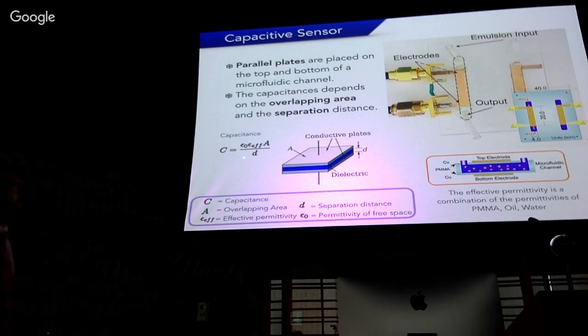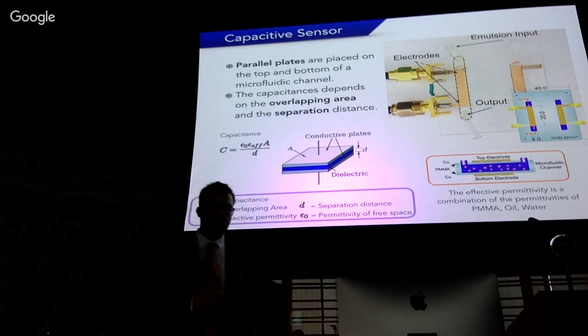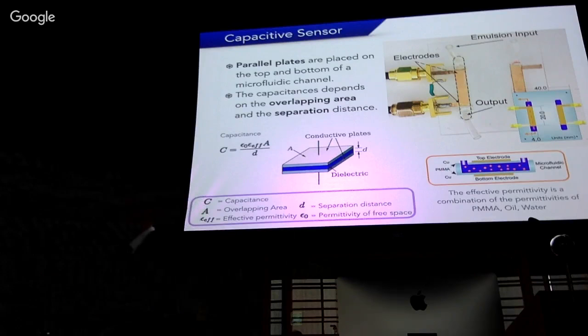And these conditions actually made us design a very wide and shallow channel in order to detect measurable capacitance. So it looks like that. Now we send the emulsions through the inlet. The dielectric properties of the emulsions are read in this capacitor, and then there is an output. So you have a system that looks like this.